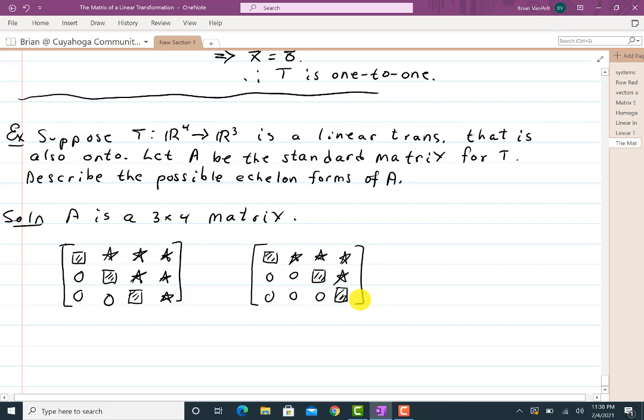And once again, you can see if I had a b1, b2, and a b3 out here, well, this would be easy. All I have to do is divide by that block to get what x3 was, subtract star, divide by block to get x2. So what I'm getting at is I have a solution. It may not be unique, but I have a solution for x1, x2, and x3.